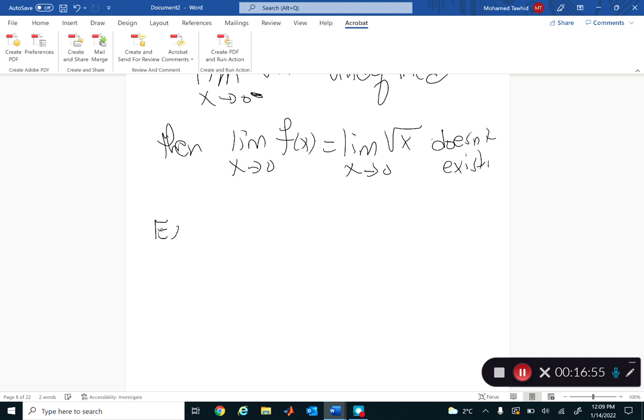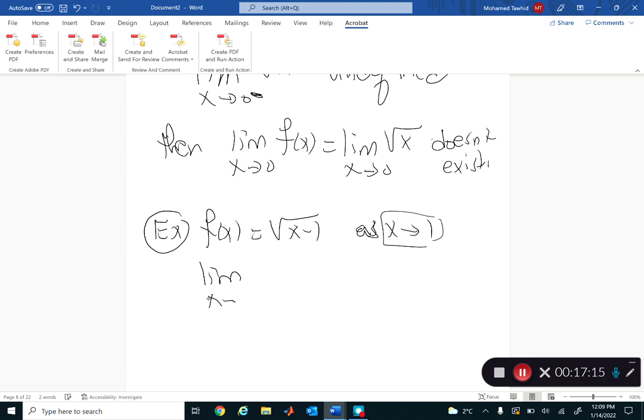So in the class, I gave this example, which is f of x equal to square root of x minus 1 as x close to 1. Sometimes you write limit as x close to 1 of square root of x minus 1.